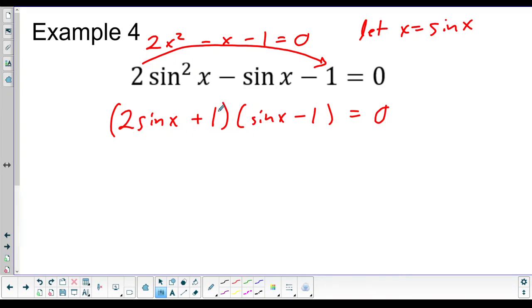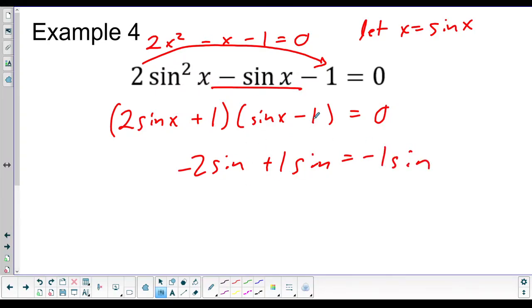And then sine of x times positive 1 is plus 1 sine of x. So negative 2 sine plus 1 sine equals negative 1 sine, which is that right there. And then 1 times negative 1 is negative 1. Wonderful. Okay. So we have that factored.